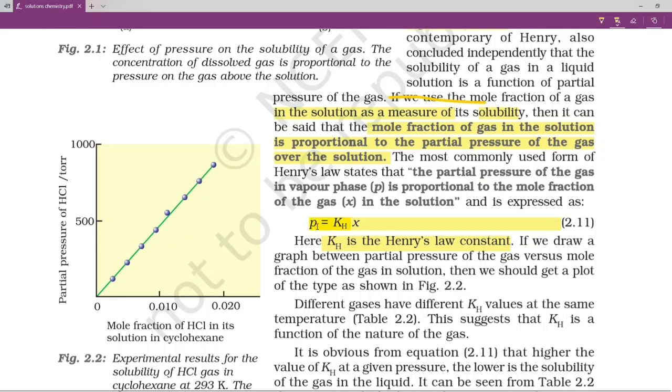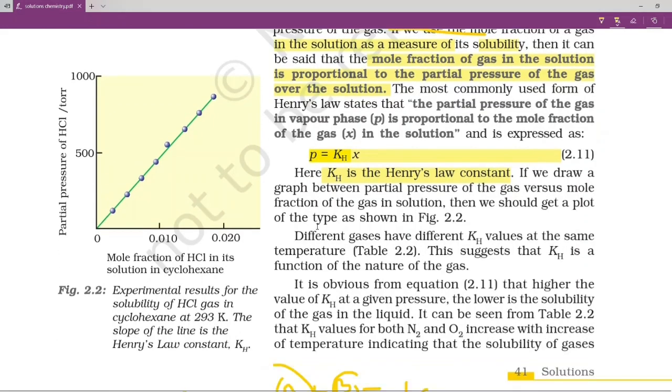If you increase the pressure, then the gas molecules, the gas which is acting here as solute, will be forced to go inside the liquid solution due to the increase in pressure, as a result of which the solubility will increase, or I should say the concentration of that particular gas in that liquid will also increase.